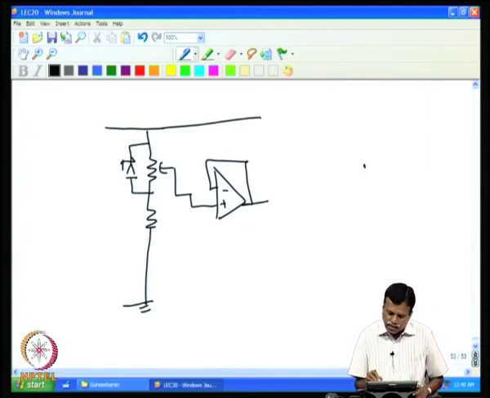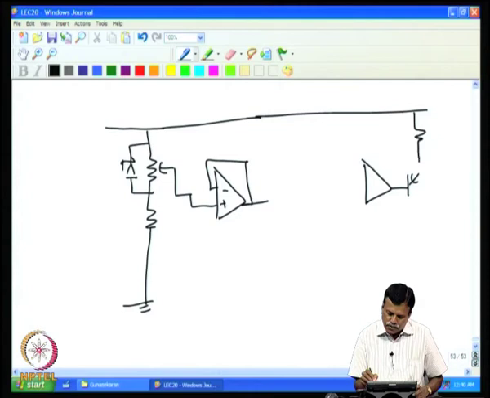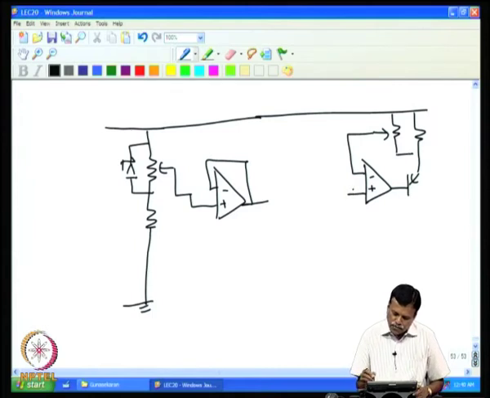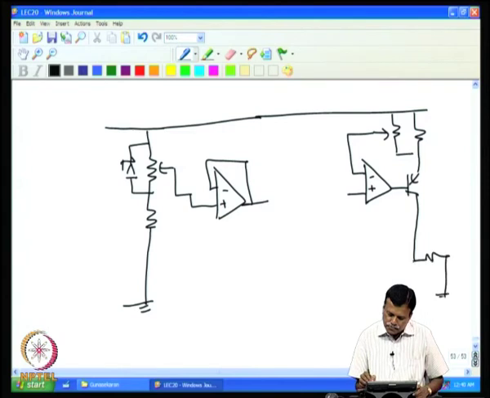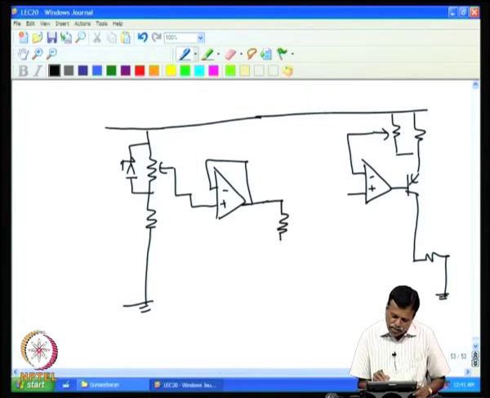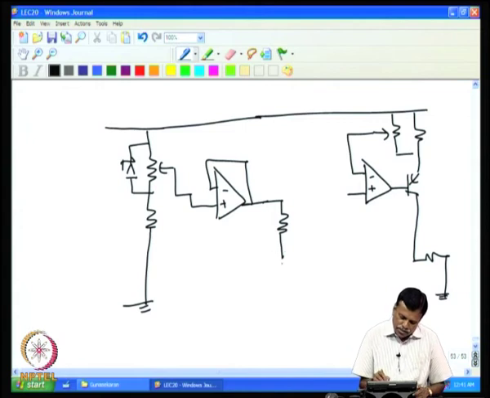Then our regular circuit. This two-wire system comes in, then we can have our potentiometer connected in this fashion.